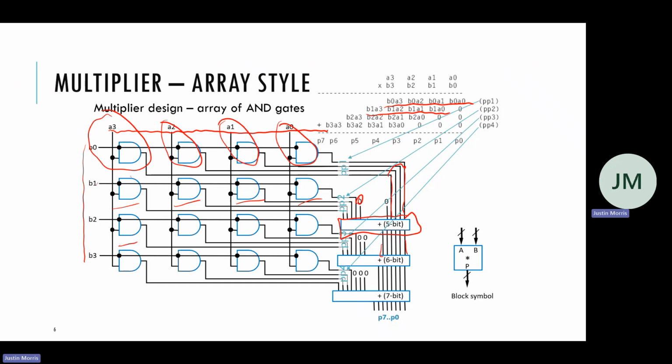Then we again have B2, and B2 we have to shift by 2 because that corresponds down here, right? And again, we do our add, and then we have those corresponding bits. B3 result, we shift by 3. And then we get our final number down here. We see this? Okay.